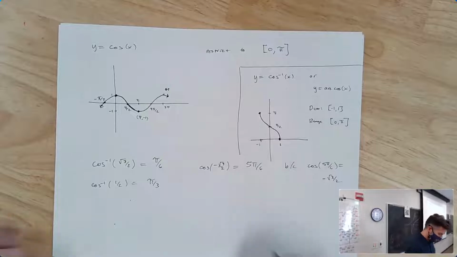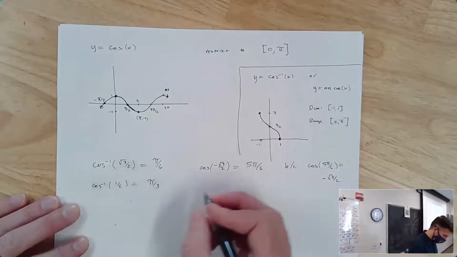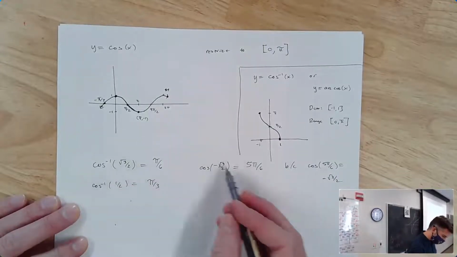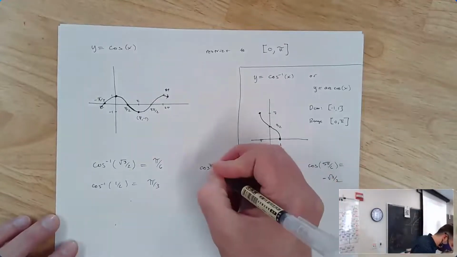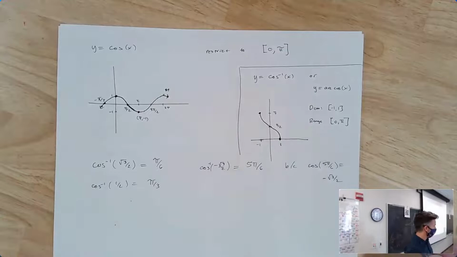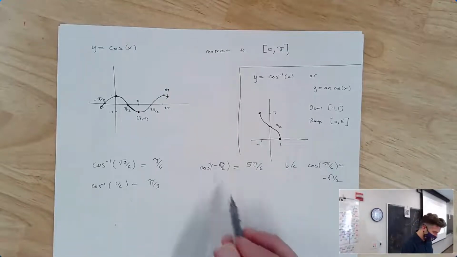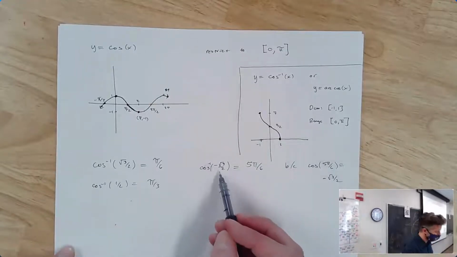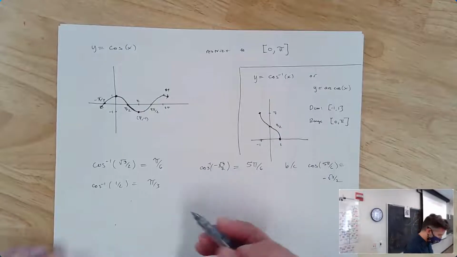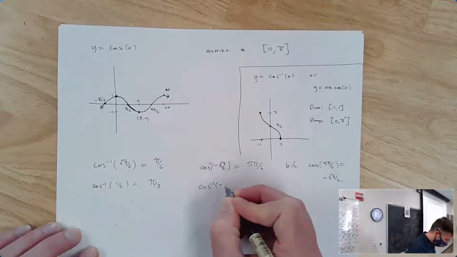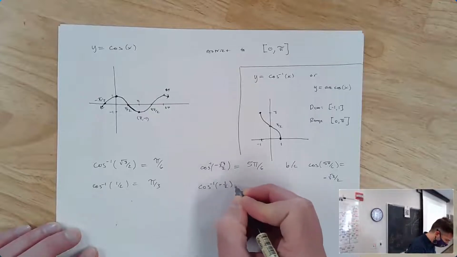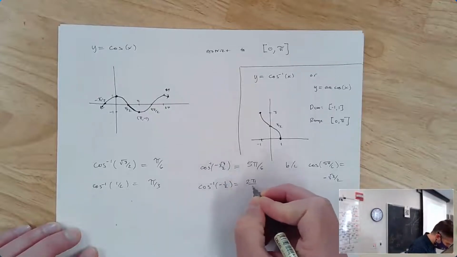Sorry, I forgot a very important thing there, the negative sign. Apologies. Inverse cosine of negative root 3 over 2 is equal to 5 pi over 6. And in a similar way, inverse cosine of -1/2 is equal to 2 pi over 3.